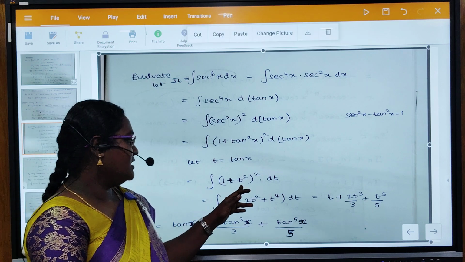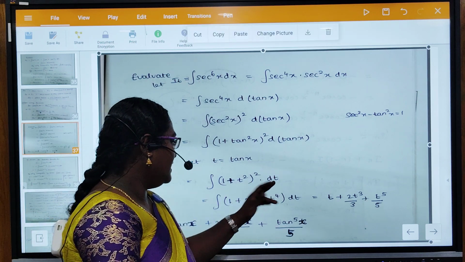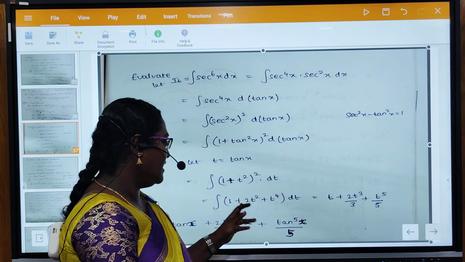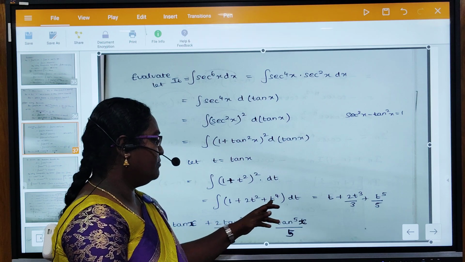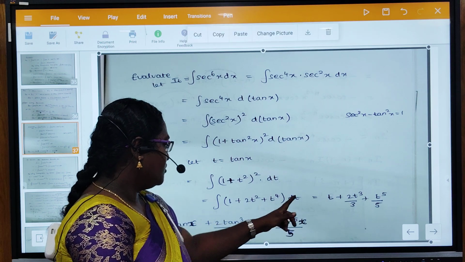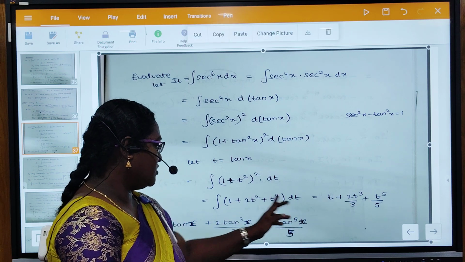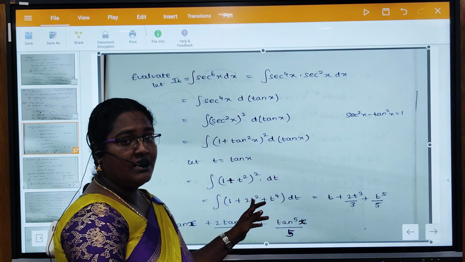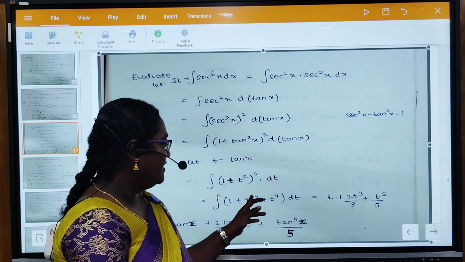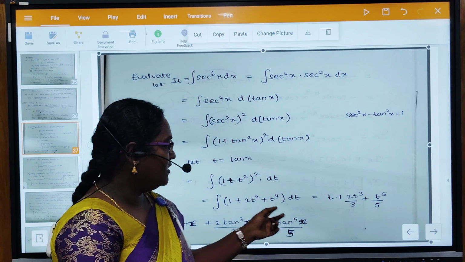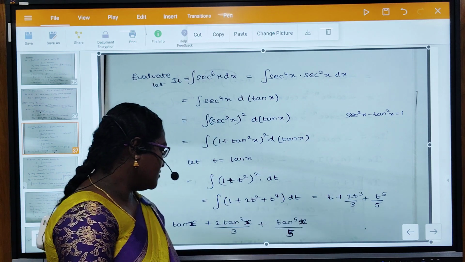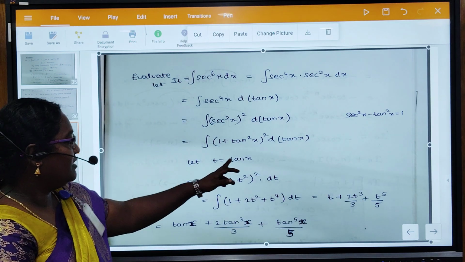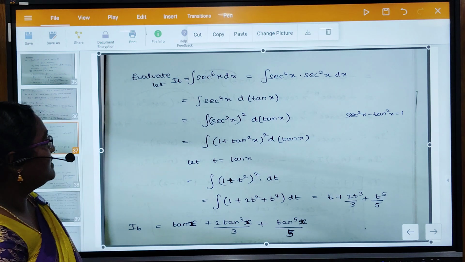So it is 1 plus t square the whole square dt. What is a plus b the whole square? a square plus 2ab plus b square dt. So I am integrating this. The integration of dt is t. The integration of 2t square is 2, which is a constant, times t cube by 3, using x power n plus 1 by n plus 1. At last I am replacing t by tan x. So this is the answer.